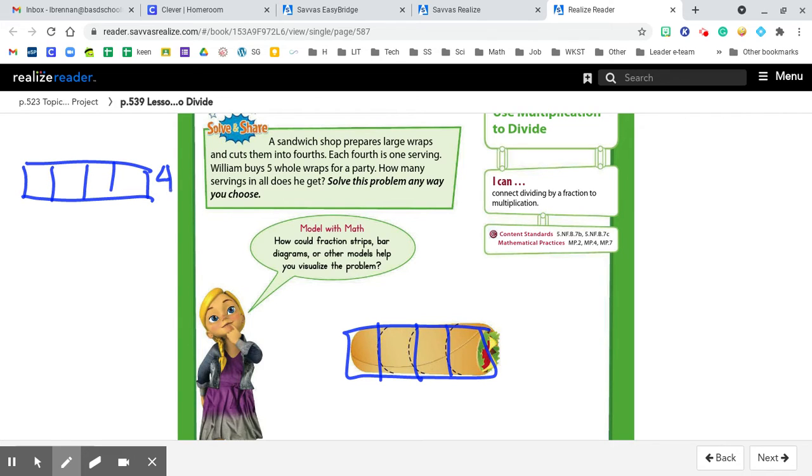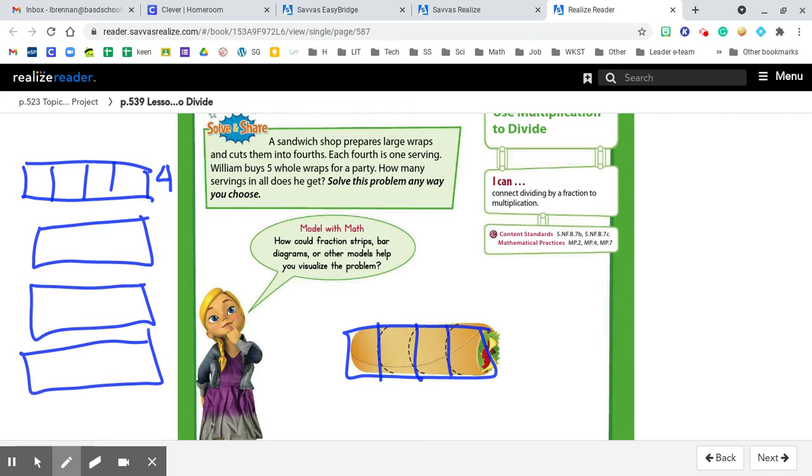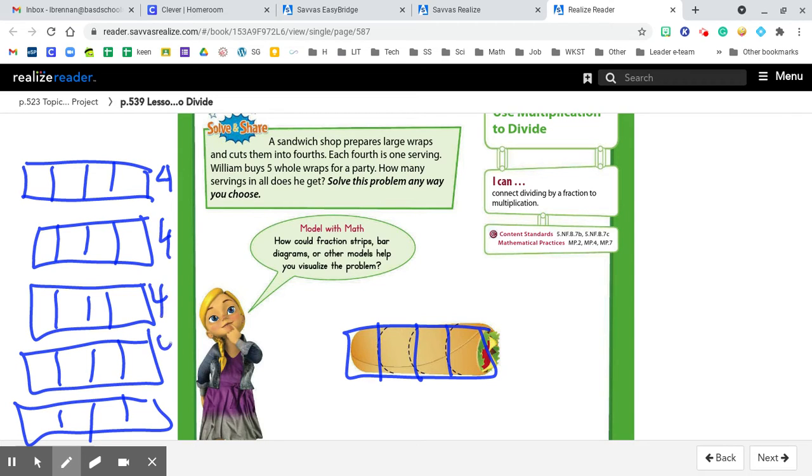So if you have 5 sandwiches, and you divide each sandwich into 4 pieces, multiplication is repeated addition. So instead of adding 4 plus 4 plus 4 plus 4, you can say 4 times 5 equals 20. So he'll be able to serve 20 people. That's one way to do it.